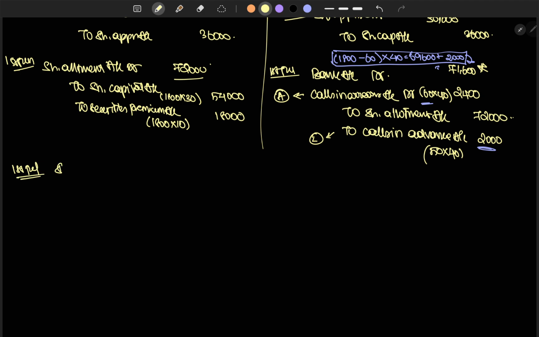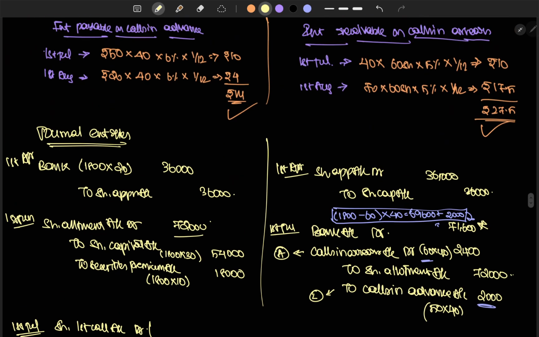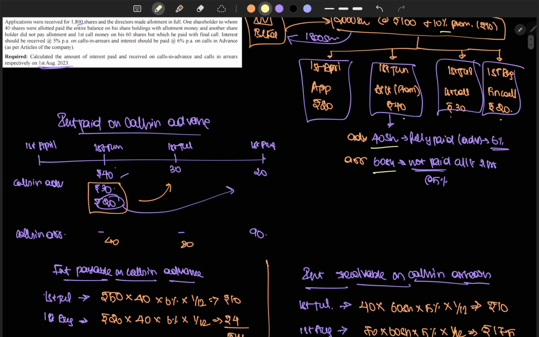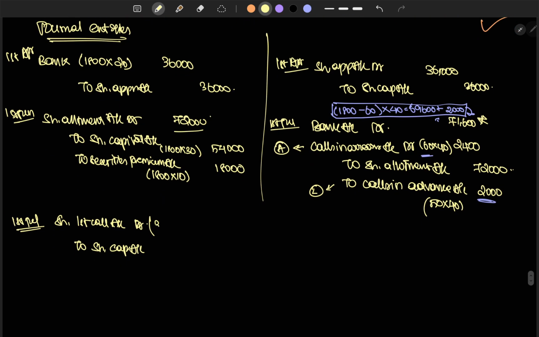1st July. So as usual, we are allotting the first call share capital. We are allotting the first call money. We are creating the due entry, which is share capital account. How much? Just first call 30 for 1800 shares. 30 into 1800, which gives us 54,000.